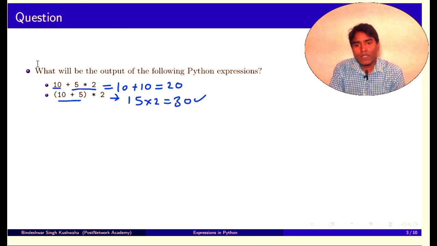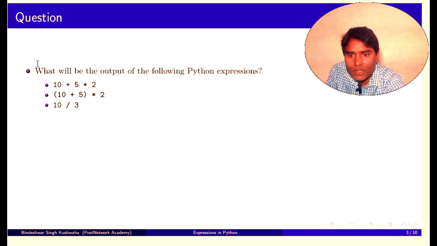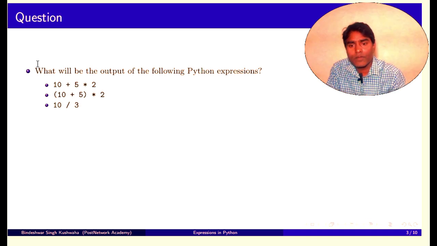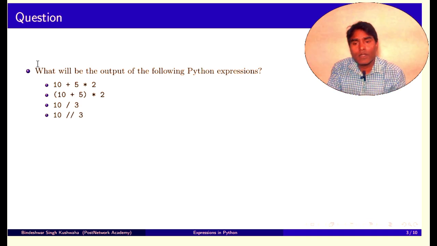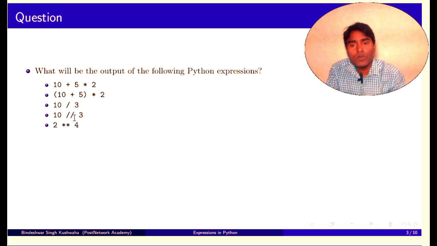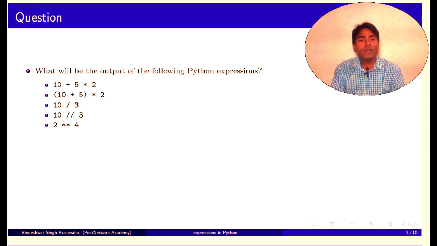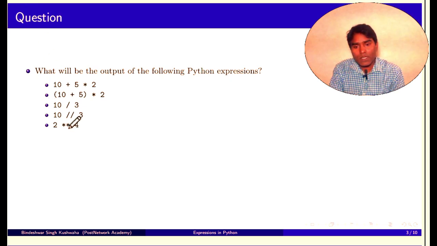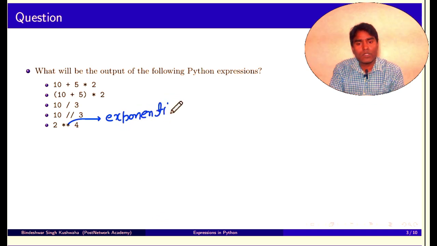Now let us see some more expressions: 10 divided by 3, 10 double slash 3, both are divisions but we will understand the difference, and 2 star star 4, which is exponentiation, that means 2 raised to 4.